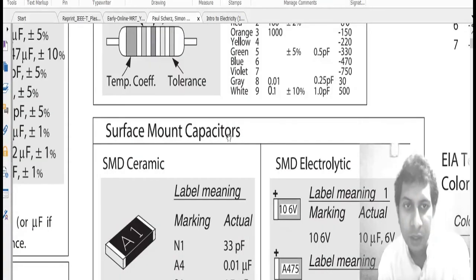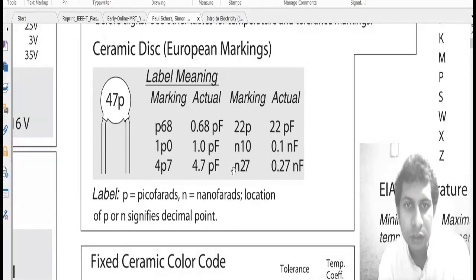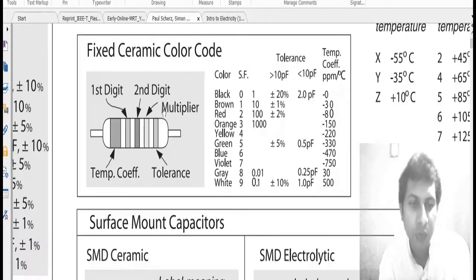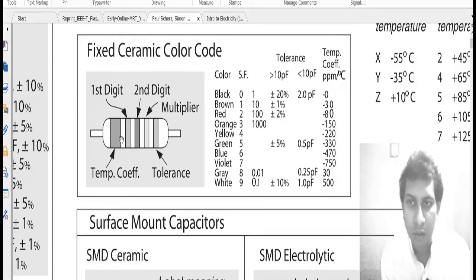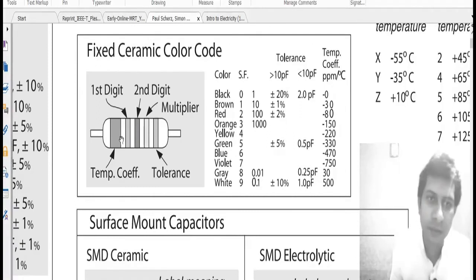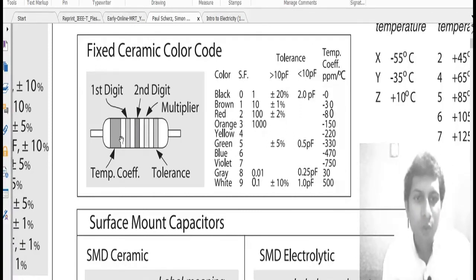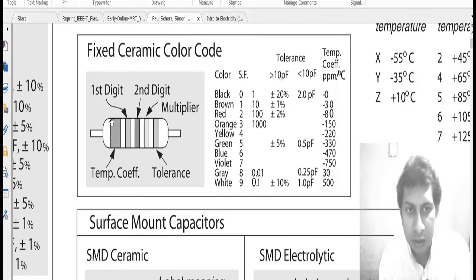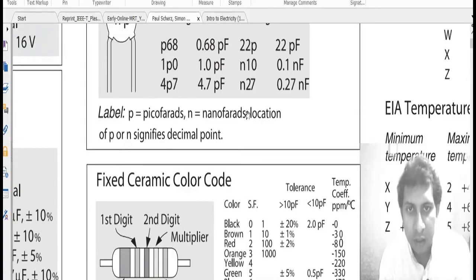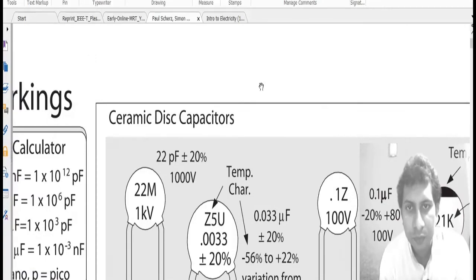And now we will talk about the fixed type of resistor capacitors, which are generally in the form of a resistance, the physical structure is like a resistance. But you can find the difference: this is the very same cylinder as a resistance, but there is no tip or curve in this, while in the resistance, let's have a look.